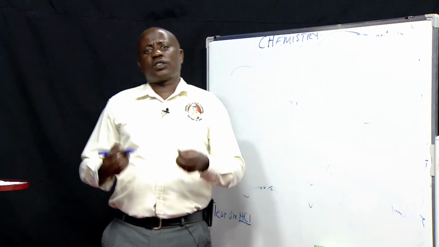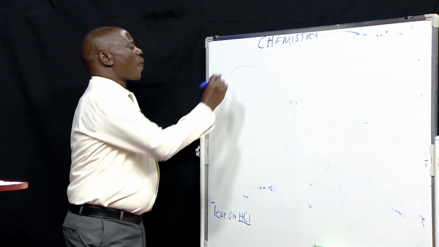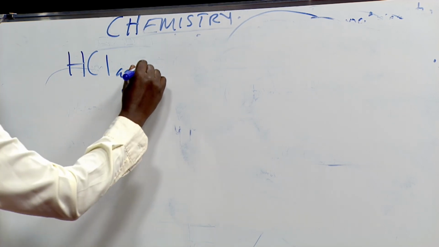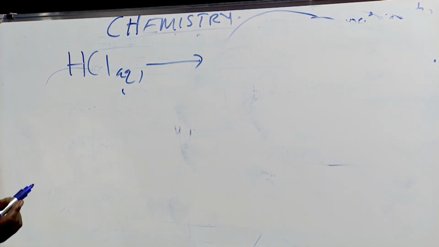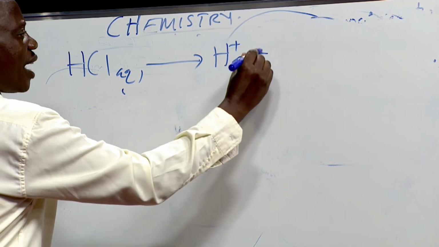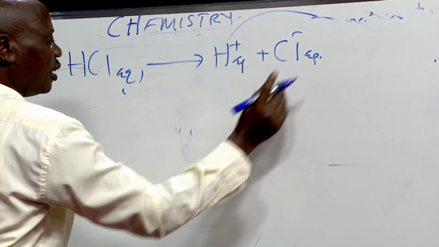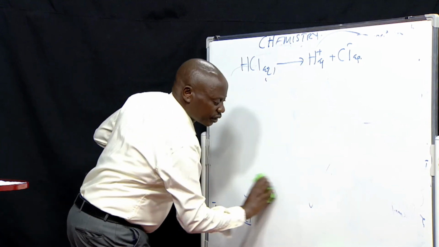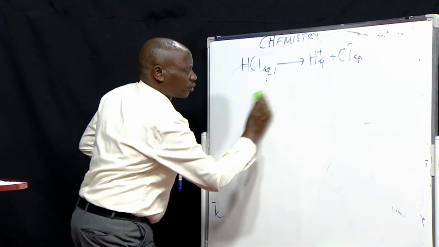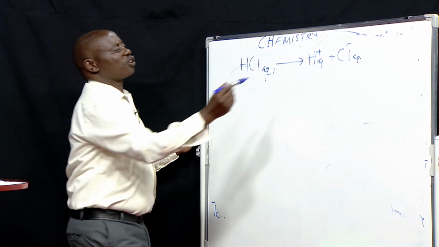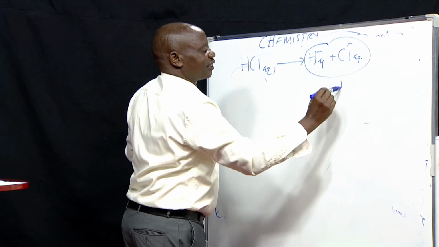We have found out that when you dissolve it in water, the hydrogen chloride dissolves, and water enhances its ionization by forming hydrogen ions plus chloride ions. And this makes it an acidic solution, which becomes what we call hydrochloric acid.